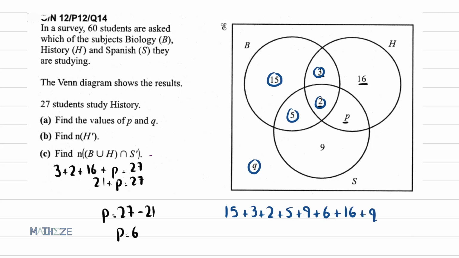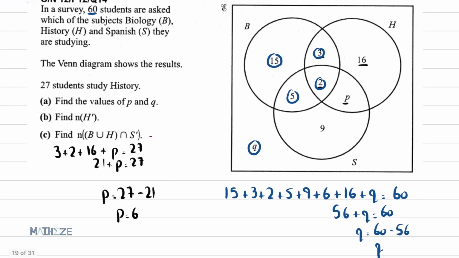If I add all of these, in the question there were how many people? 60. So 15 plus 5 and plus 5 is 25. 25 plus 9 is 34. 34 plus 6 is 40. 40 plus 16 is what? 56 plus q is equal to 60. So what's q? 60 minus 56, and that would be 4. Do you get this, guys? So now I found out the value of p and q.